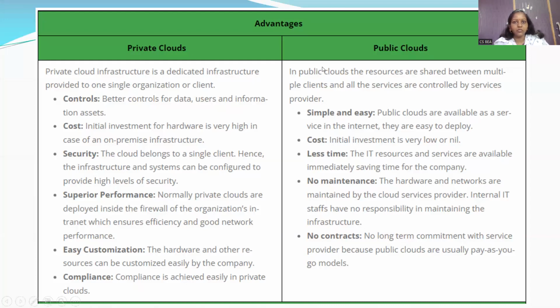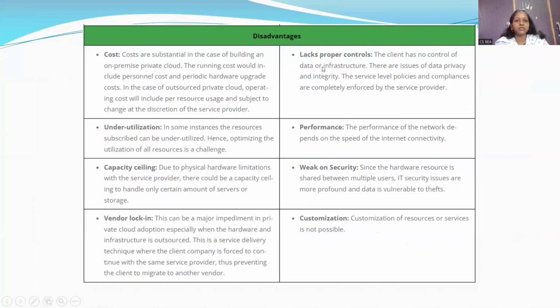And now if we go through the disadvantages of the same, here, in case of a private cloud, the cost is definitely high. So costs are substantial in case of building an on-premise private cloud.